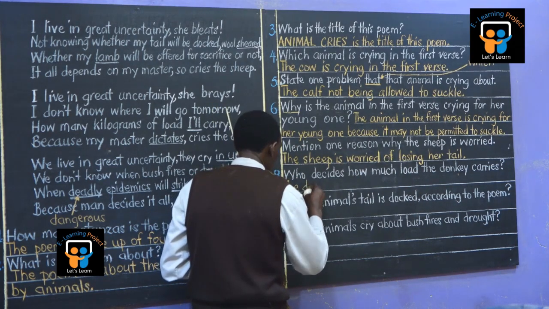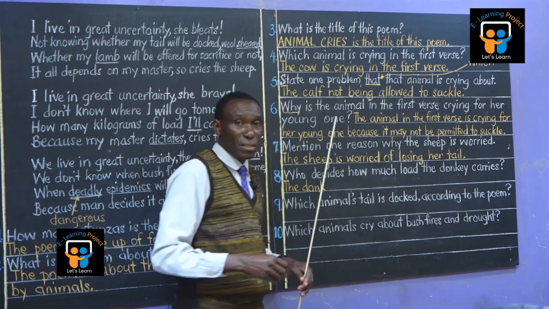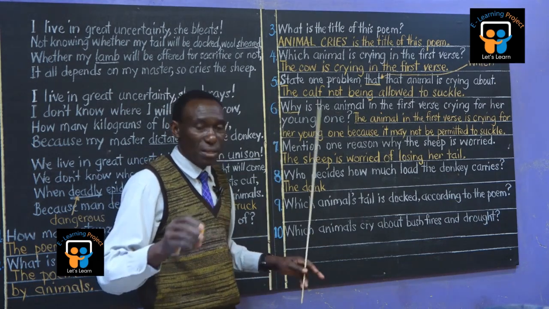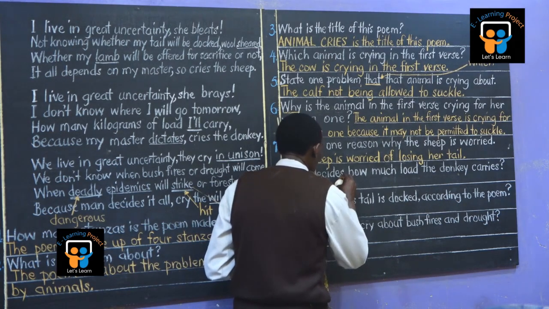The donkey's master. You write donkeys just like you write keys that we use to open. In plural, it becomes just an S. You just add an S. Okay, the donkey's, but don't forget the apostrophe.